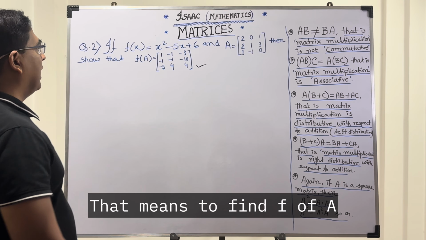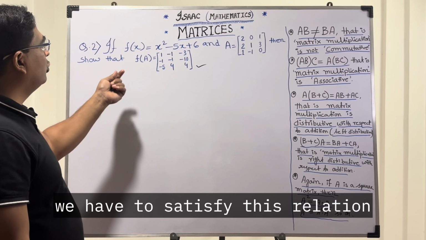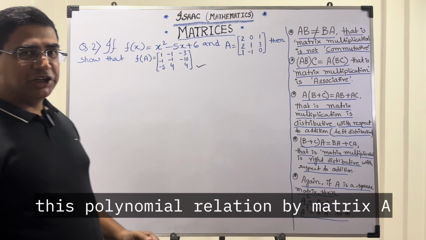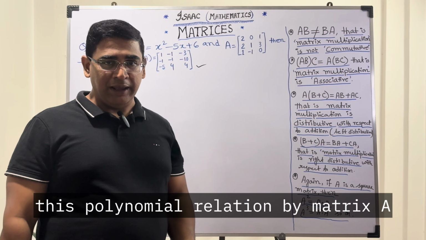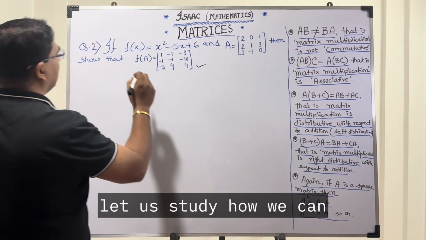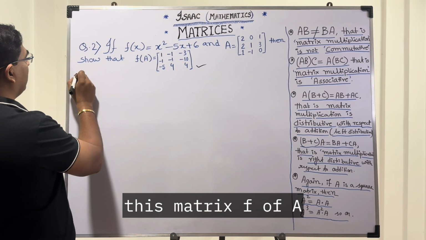That means to find f of A, we have to satisfy this polynomial relation by matrix A. So let us study how we can find this matrix f of A.